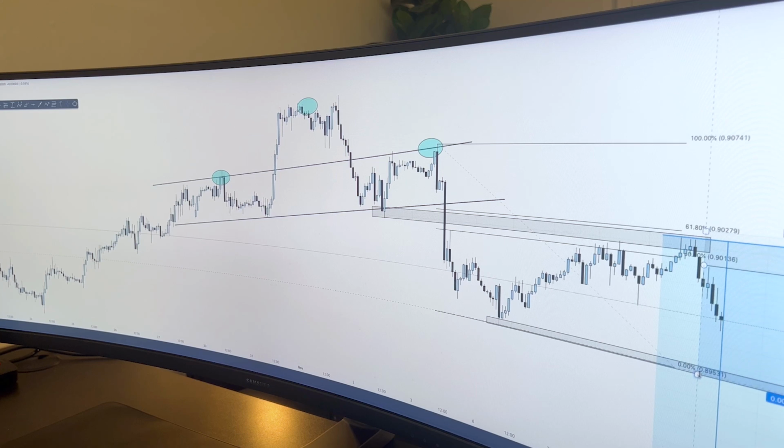The reason I'm not going to be targeting all the way down here, that's a 1 to 6. This is like a 1 to 3. I'm more than happy getting out of the market with a 1 to 3. Some people, I'm not saying you don't have to, but if you wanted to, you could definitely target lower. But for me, for this trade in particular, I'm happy to take a 1 to 3 and call it a day.